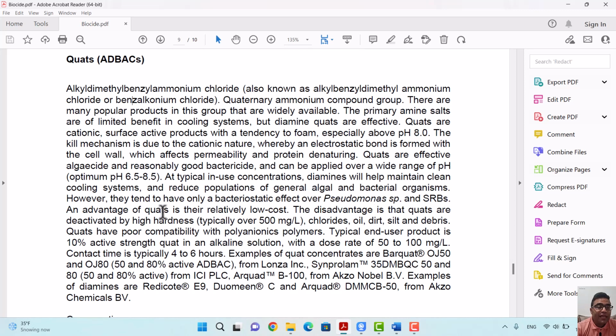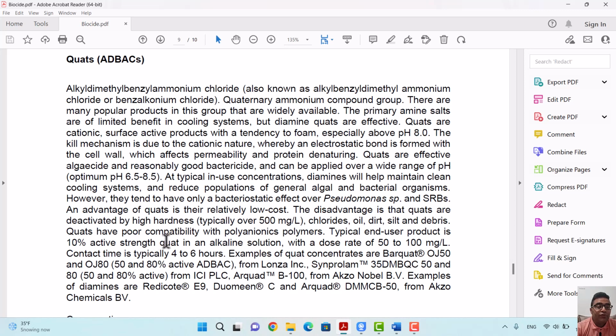At typical in-use concentrations, diamines will help maintain clean cooling systems and reduce the population of general algal and bacterial organisms. However, they tend to have only a bacteriostatic effect. An advantage of quats is their relatively low cost. The disadvantage is that quats are deactivated by high hardness, typically over 500 ppm, chlorides, oil, dirt, silt, and debris.